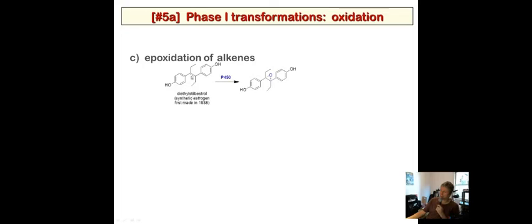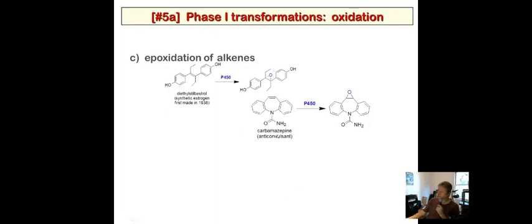It's got an alkene in it, and alkenes are notorious for being epoxidized. Anytime you have an alkene in between two benzenes, this is a very common reaction. And so P450 will epoxidize it, and it's a way of oxidizing both carbons to generate the epoxide intermediate.